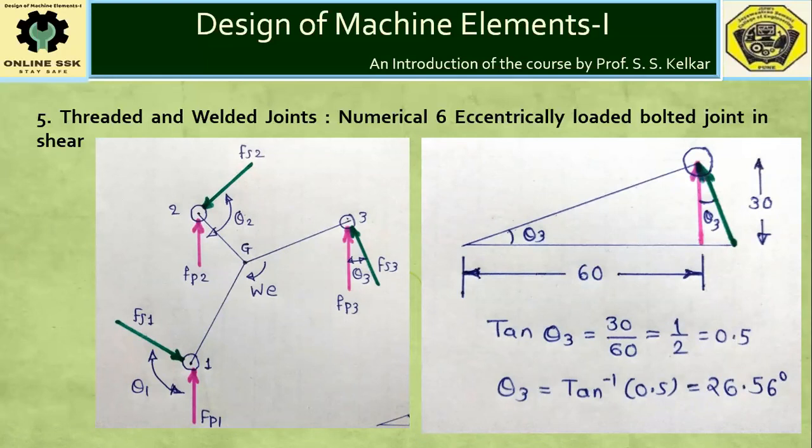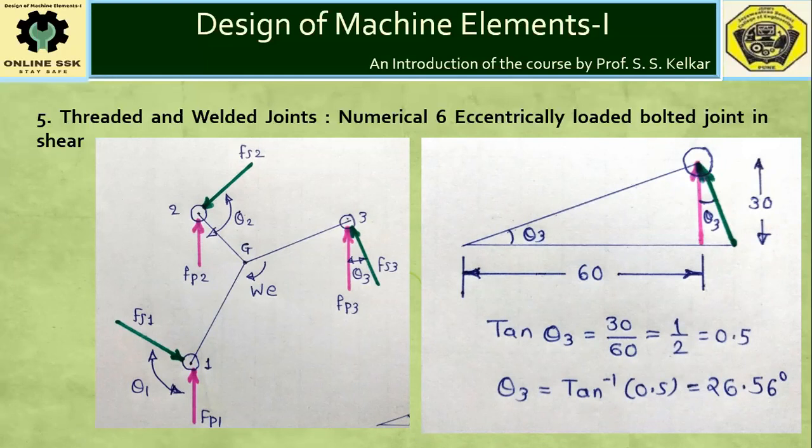So for finding the critically loaded bolt, one has to calculate the maximum resultant shear force experienced by any of the bolts. One method is to calculate FR, the resultant shear force at each and every bolt, and by comparing the FR values, we can find the critically loaded bolt.